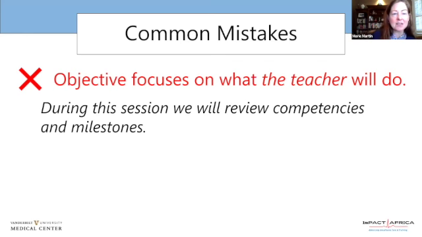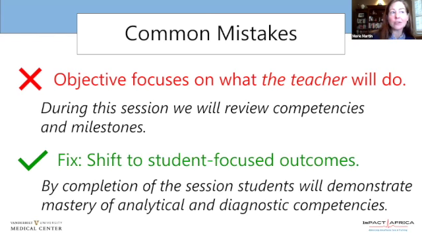So this objective, we will review competencies and milestones. So that's really me, right? That's not what the learner can demonstrate. But you could shift it to say by the completion of the session, students will demonstrate mastery of analytical and diagnostic competencies. Now that's actually a pretty broad objective, but it still demonstrates this shift from the instructor to the learner.